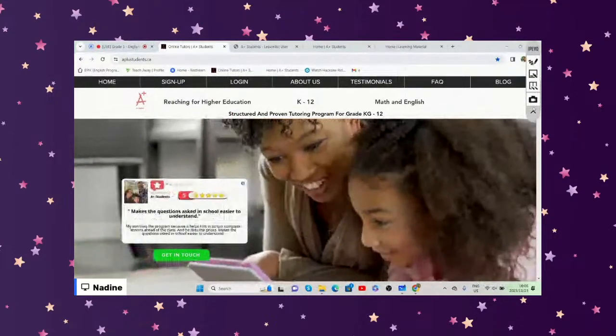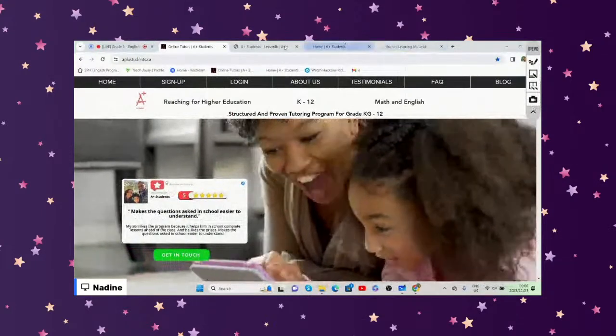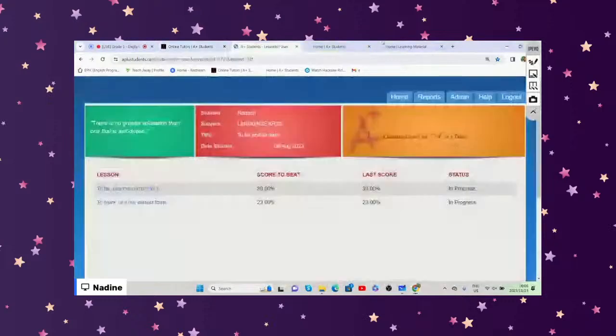Then we're going to scroll down until we get to our chapter of to be and to have. We're going to find out what is to be and what is to have and how we can use the correct form.